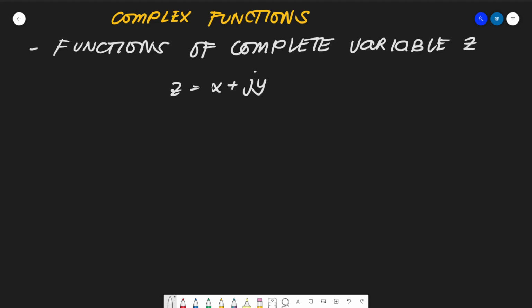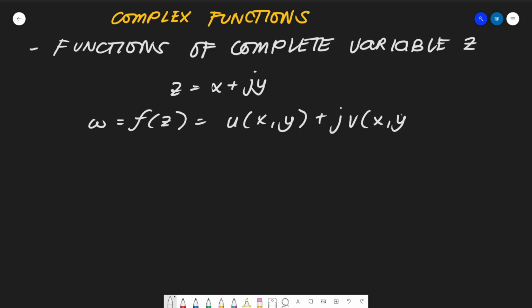Kung sa complex number ay z, ang notation naman ng complex function ay omega. So, omega, ito daw yung f of z, and this is composed of the u part plus jv part, or u of xy at saka jv of xy.